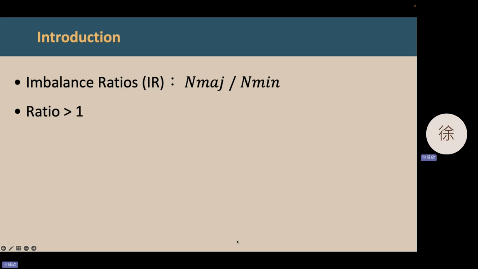So, the imbalance ratio (IR) is defined as the ratio of the number of instances in the majority class to the number of instances in the minority class. The larger the ratio is than 1, the more severe the imbalance.